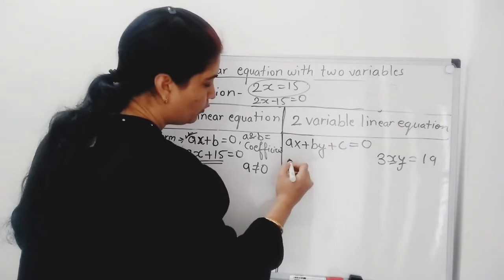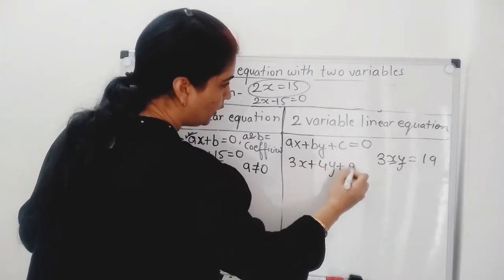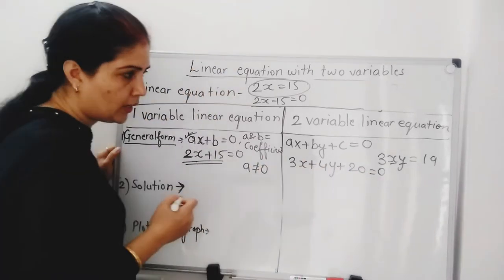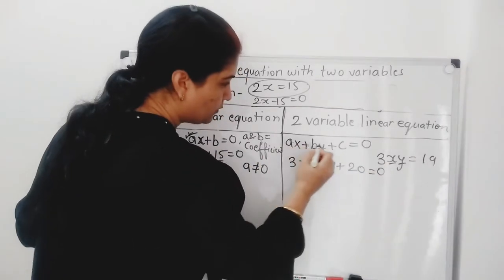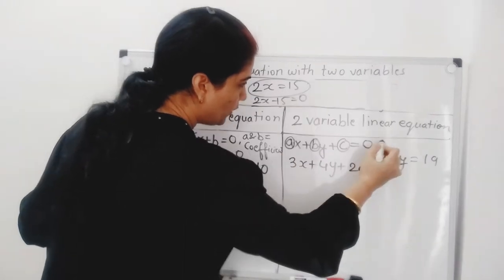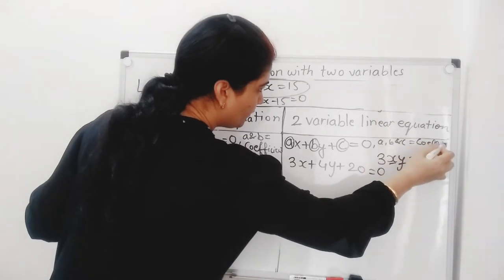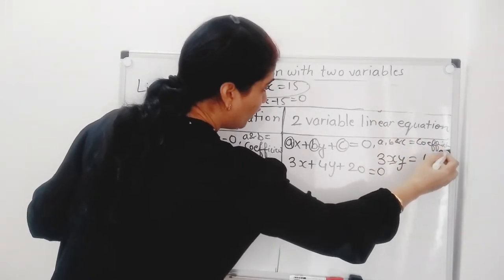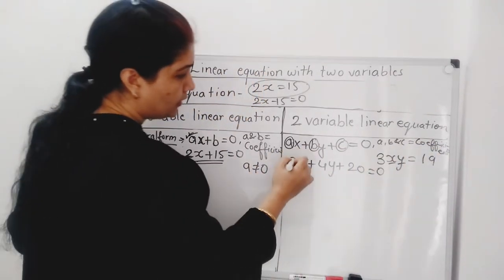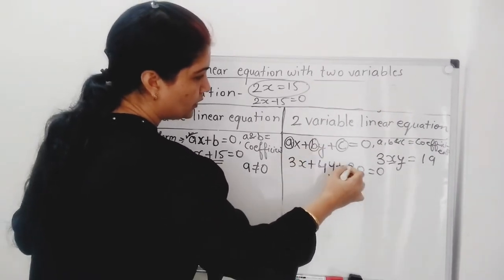Here, if I have to write one equation, I can say 3x plus 4y plus 20 is equal to 0. So here ax plus by plus c, a, b and c are coefficients, and at the place of a there is 3, at the place of b there is 4, at the place of c there is 20.